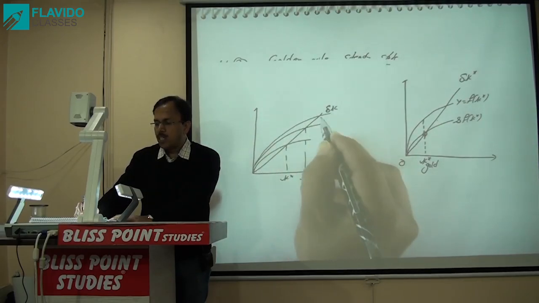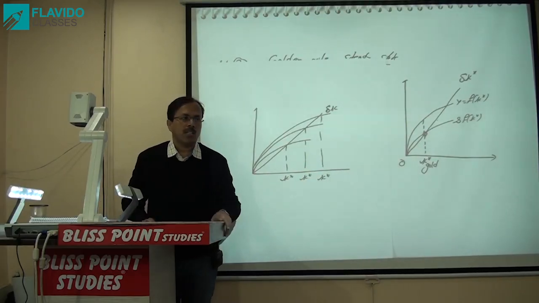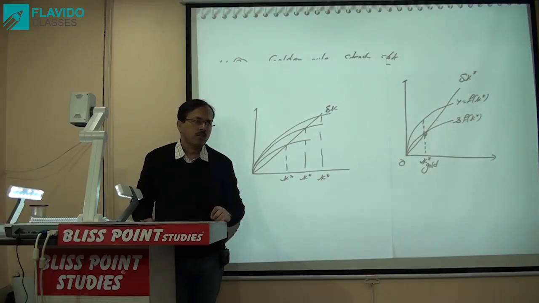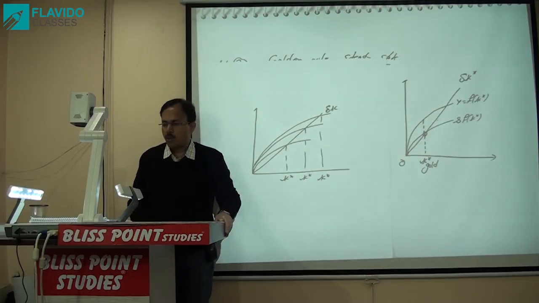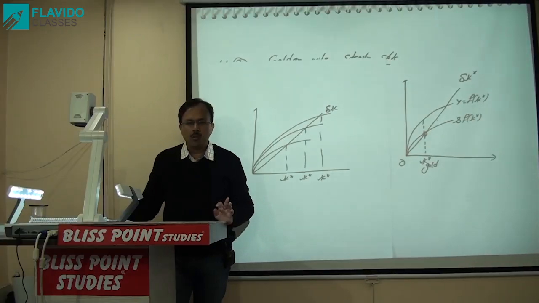If you take a different one, this will be the steady state. So there can be many steady states, but there will be only one golden rule steady state. To have one golden rule steady state, we require a specific saving rate. So we require a specific saving rate to have a specific golden rule steady state.